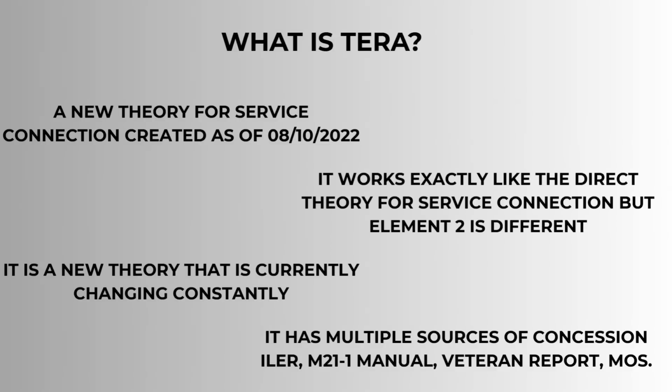You can explicitly claim a Terra exposure, like "I was exposed to jet fuel," where you say that somewhere in your claim or in your documents that you submit. Or there's something called implicit Terra exposure, where it is implied that you were exposed. Now, during the first year, probably year and a half, the VSR and the rater was allowed to imply exposures.